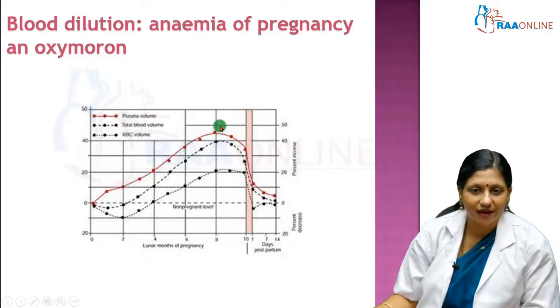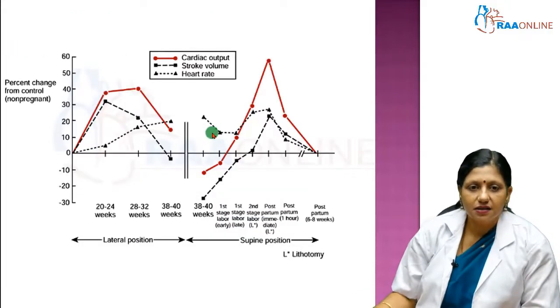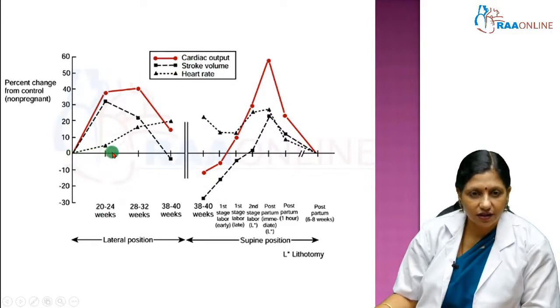This is a graph showing the rise in the cardiac output, the stroke volume and the heart rate in a pregnant individual with a rise in the gestational age. As the gestational age advances, there is a rise in the stroke volume and an increase in the heart rate, and consequently an increase in the cardiac output.